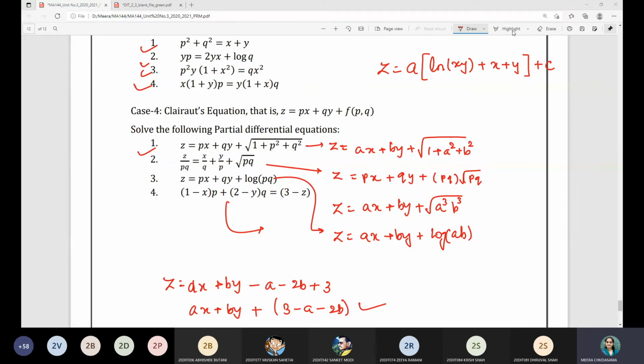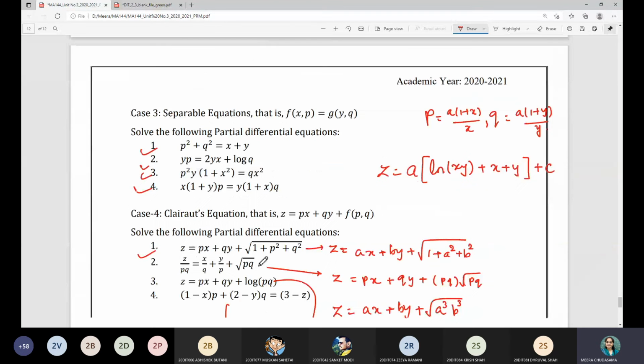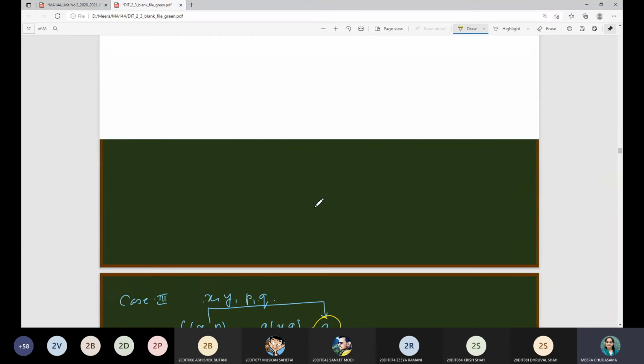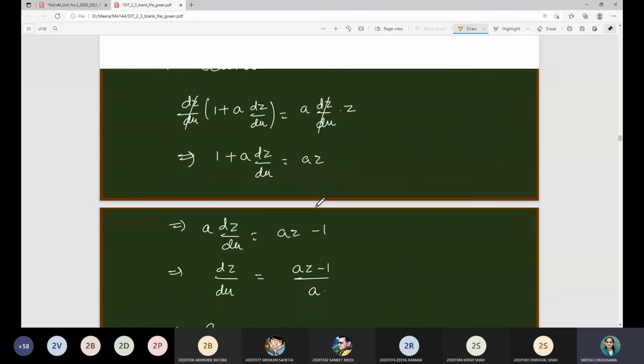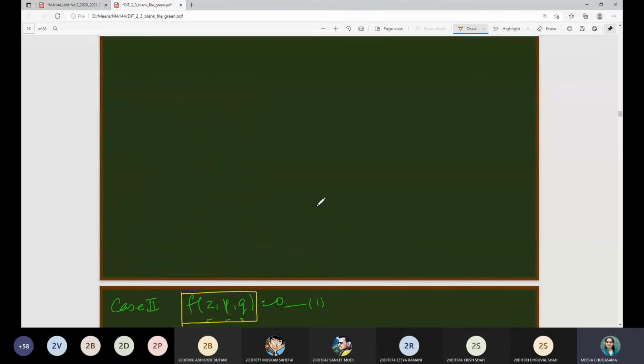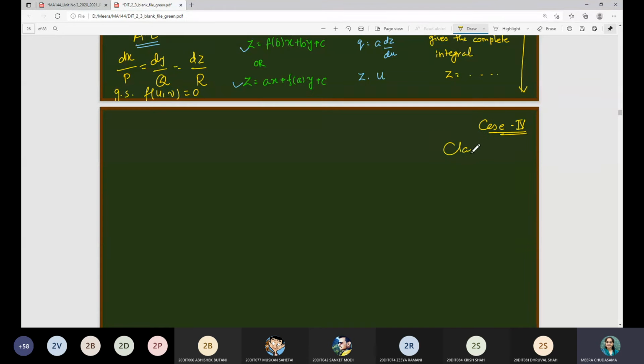Okay. If not, then I will move forward for the application part. Right? Partial differential equation अब तक जो आपने, let me finish that particular block. Clairaut equation.